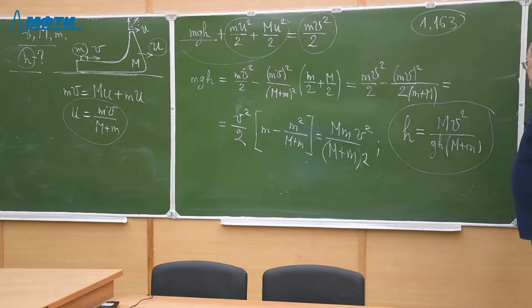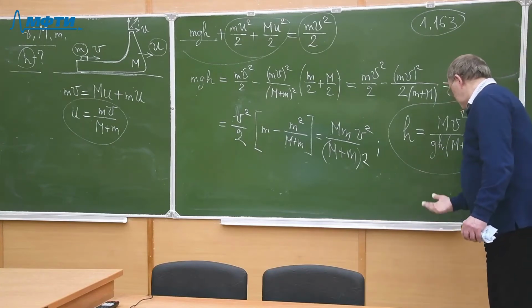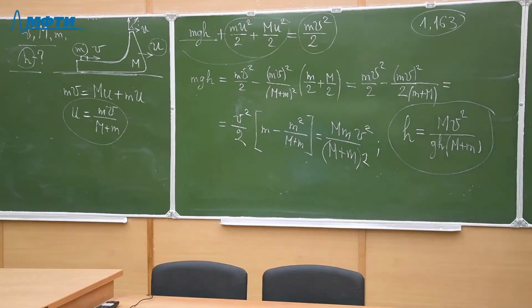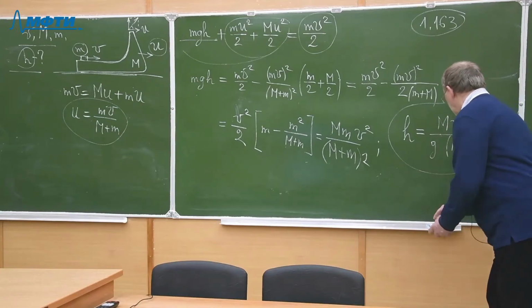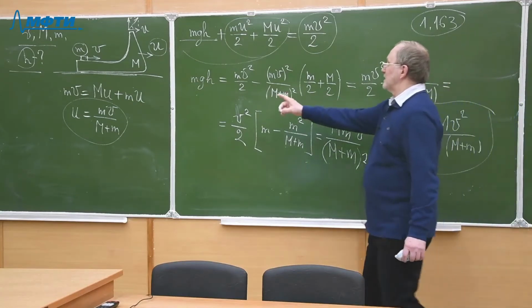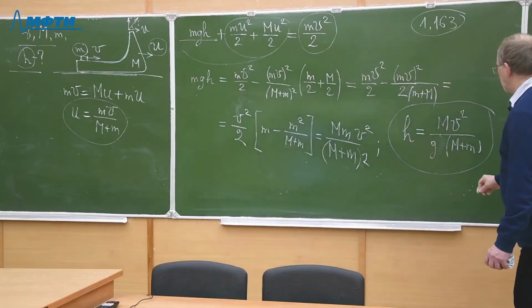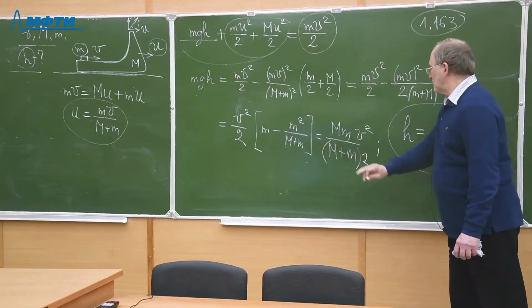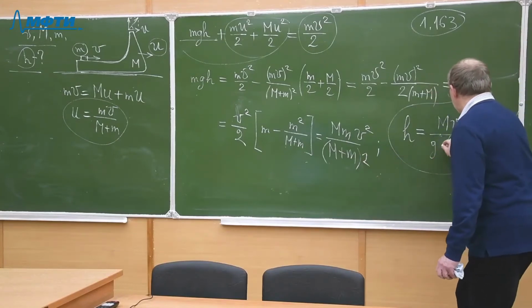That's the final answer to this problem. Is it correct? Yes. H should not be here. We divide it by small m g, and h remains here. So small m cancelled. 2, another 2 is here.